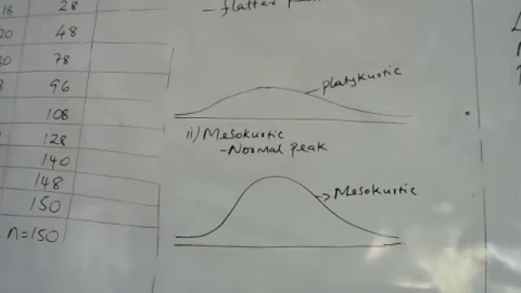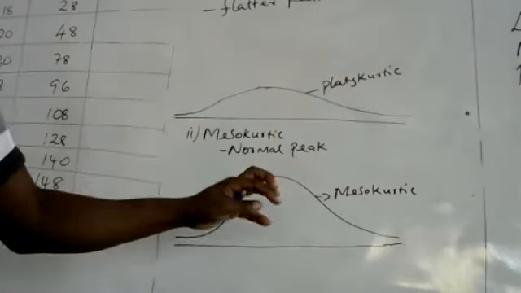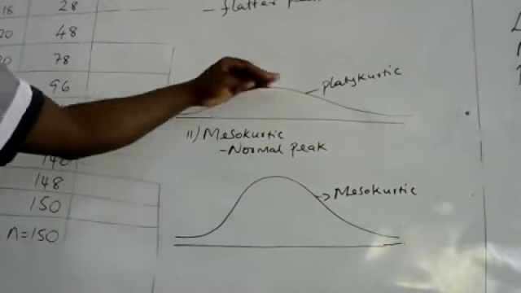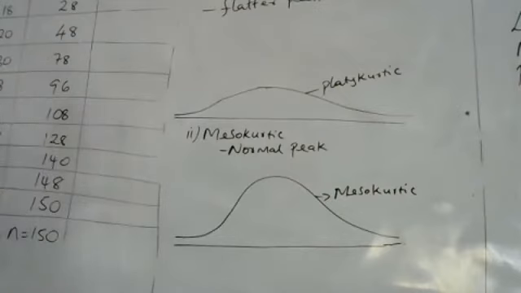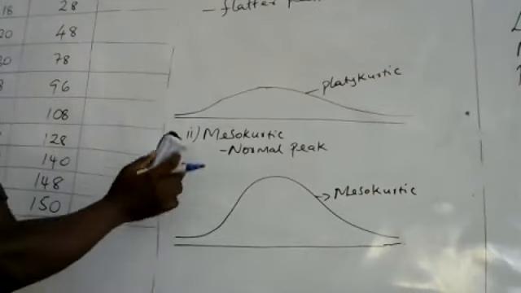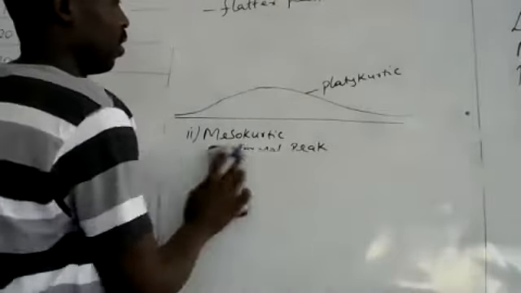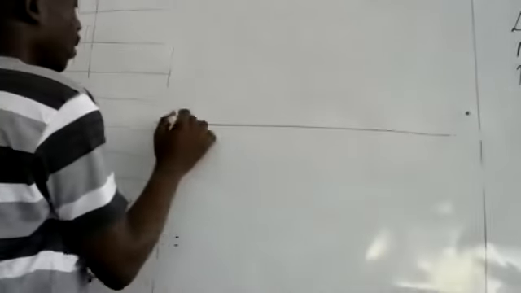So we have the leptokurtic, which has a very sharp peak, the mesokurtic, which has a moderate, normal kind of sharpness, and then the platykurtic that is almost flat. These can sometimes be represented in one graph, and you find that they are drawn like this.